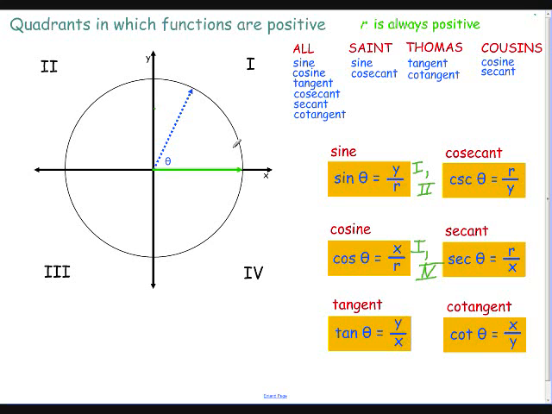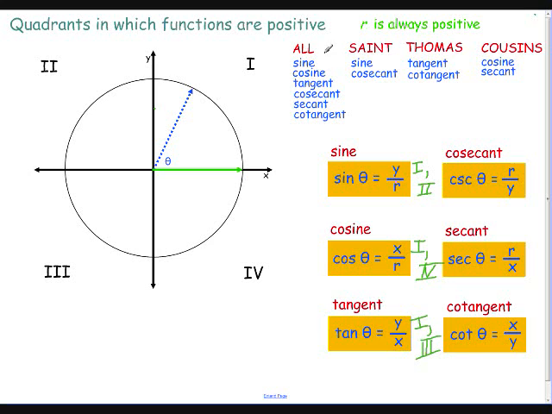So you have to look at what they do together. X and y are both positive in the first quadrant. X and y are both negative in the third quadrant. And they have opposite signs, keeping the ratio negative in the second and fourth quadrant.